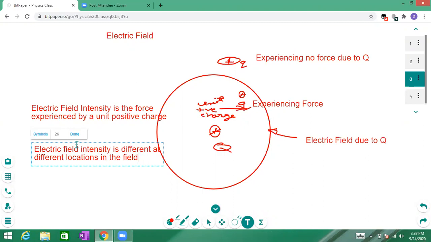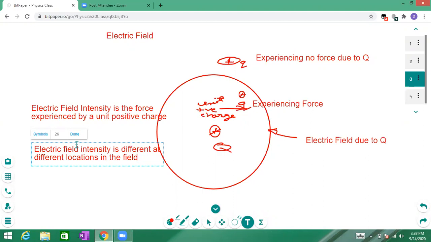But in a non-uniform electric field, the electric field intensity may be different in magnitude at different locations, or maybe the magnitudes are the same but the directions are different. Or generally, both directions and magnitudes become different. So this is the basic concept of electric field intensity.